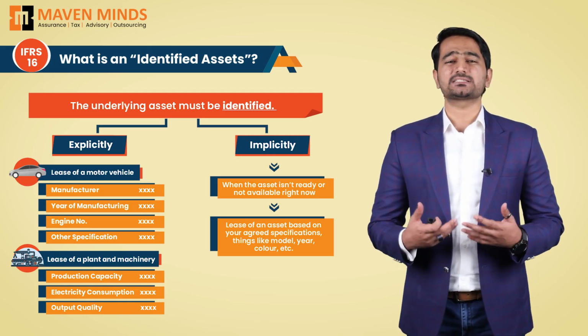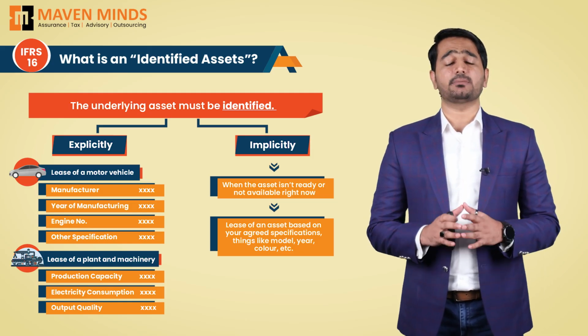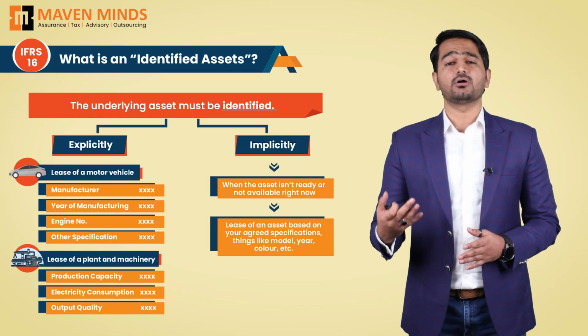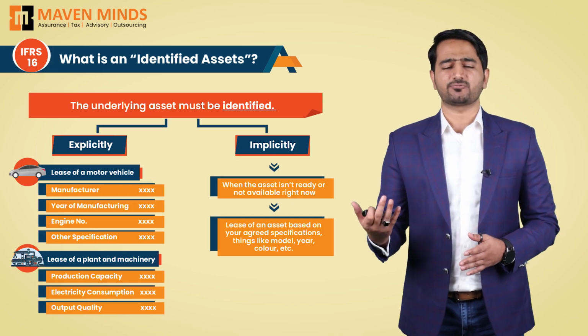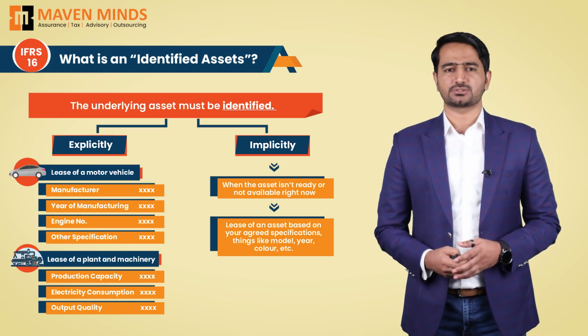So, what's the key takeaway here? The asset in a lease contract can be identified either explicitly, where all the details are clearly mentioned upfront, like a specific vehicle or a specific machinery with particular specifications.